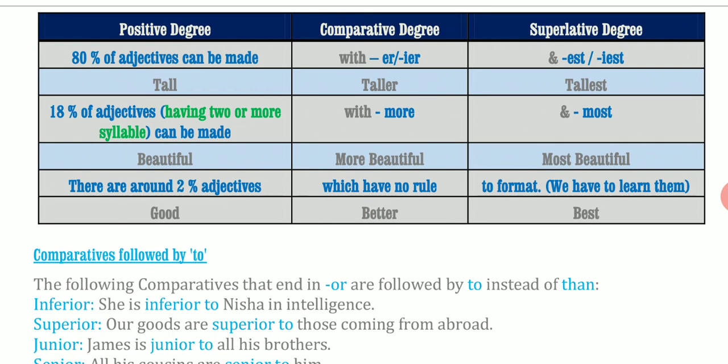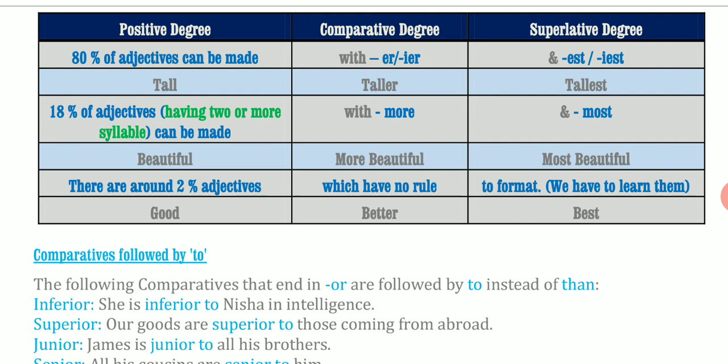Now, how to learn them? We have a trick. For positive, comparative, and superlative degree, 80% of adjectives can be made with er or ier and est or iest, as tall, taller, tallest. 18% of adjectives having two or more syllables can be made with more and most, as beautiful.